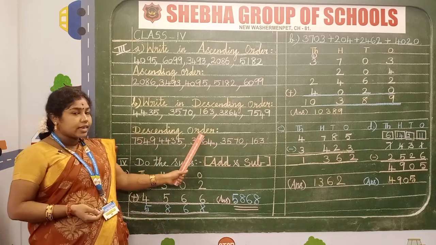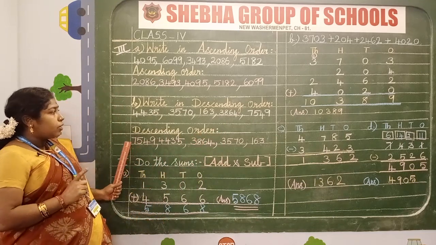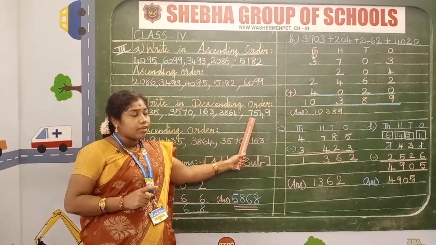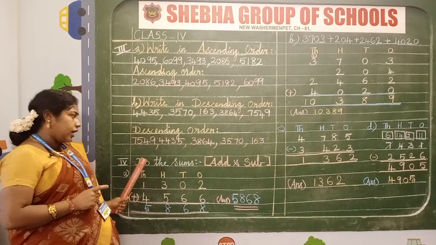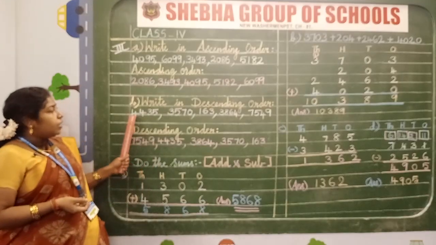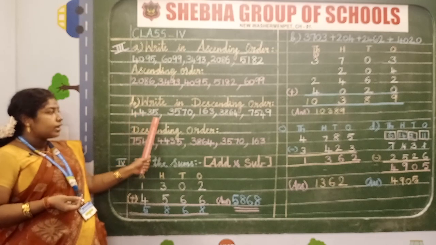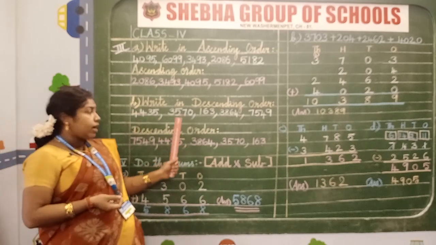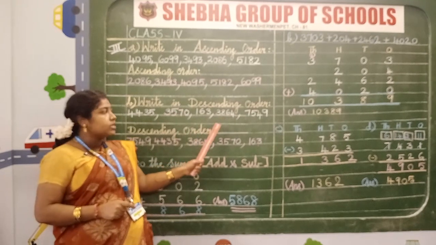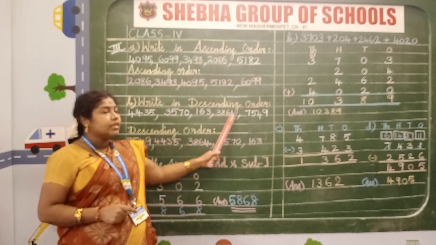So write descending order. First number, which one is bigger of all these? Yes, you are right, it is 7549. Comma is very important. After that, 4435. Next, already I told you which one is greater between these two numbers. 3864.